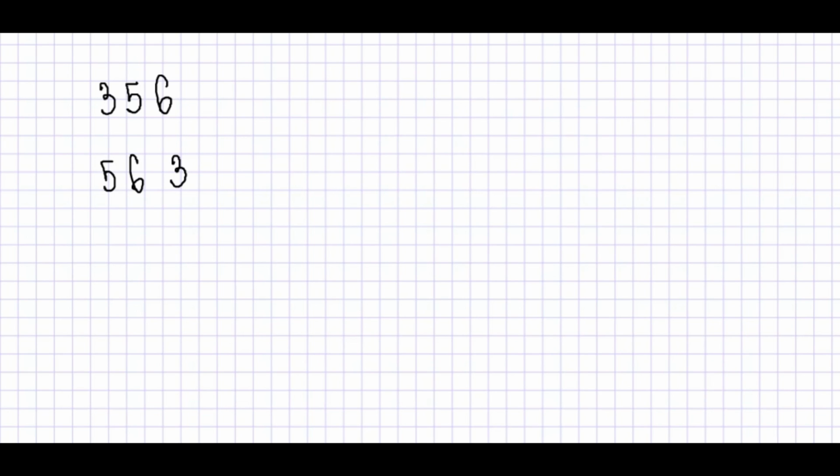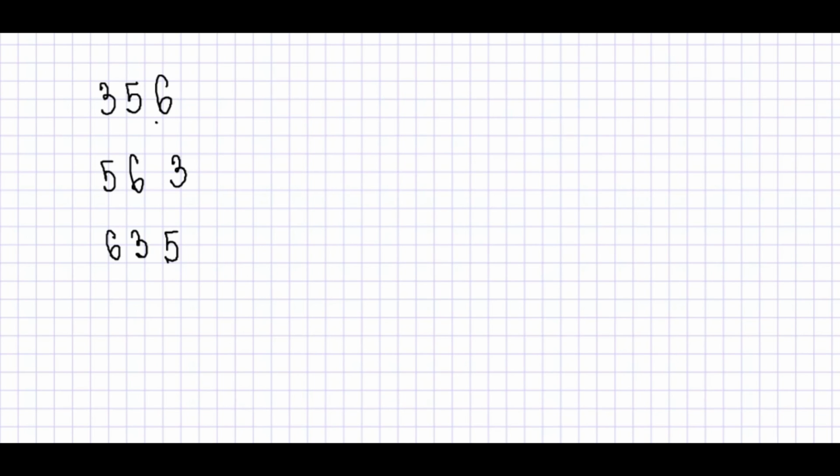And I can create another three-digit number with the same digits as 635. There are three different numbers on the screen, but the digits are the same. Just by changing the places of digits, we can create different numbers.